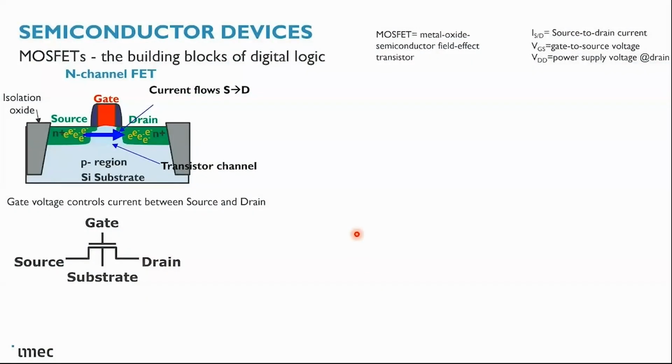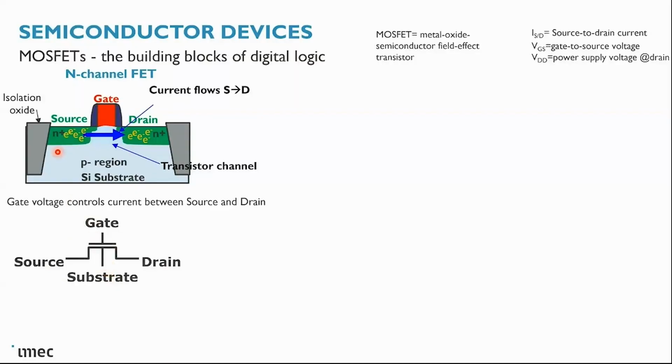First, a quick refresher on how a MOSFET works. MOSFET is the building block of digital logic. It stands for metal oxide semiconductor field effect transistor. So the MOSFET can be seen as a tiny switch that controls the flow of electric current.